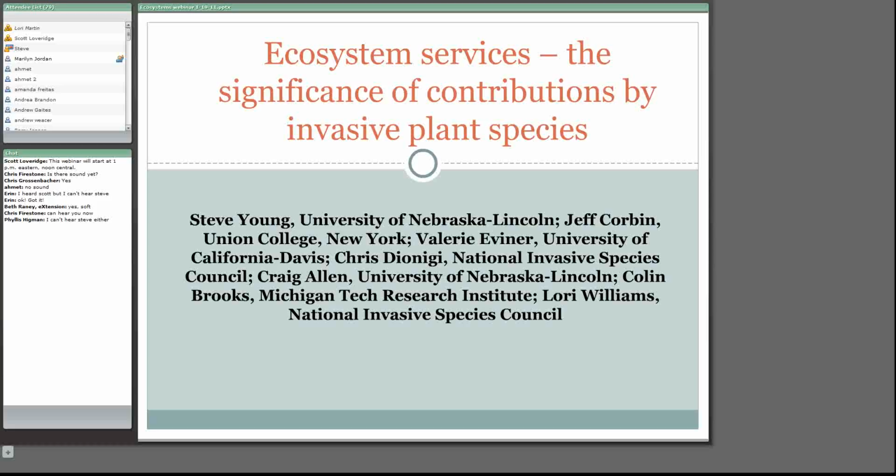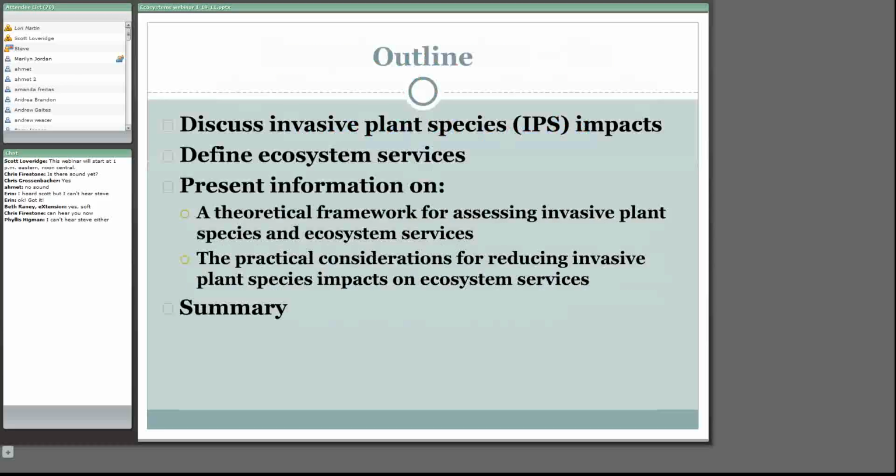A little bit about the outline that I'm going to use for this presentation: I'll be discussing invasive plant species impacts, talking about ecosystem services, defining those, and also presenting information on two approaches: the theoretical framework for assessing invasive plants and ecosystem services, and the practical considerations for reducing invasive plant species impacts on ecosystem services.